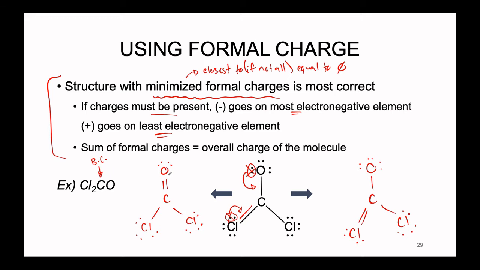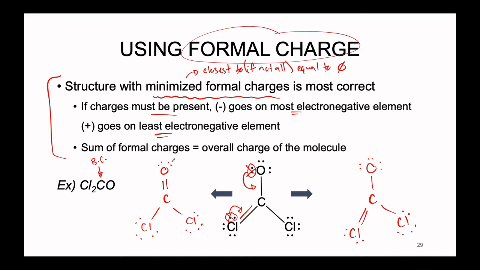Because these 2 bonding types, oxygen to carbon versus chlorine to carbon, are different, these are 2 different structures with different energies and different bond lengths. Therefore, this is a huge red flag. We should use formal charge to assess which of these 2 unique options is actually going to be more stable.